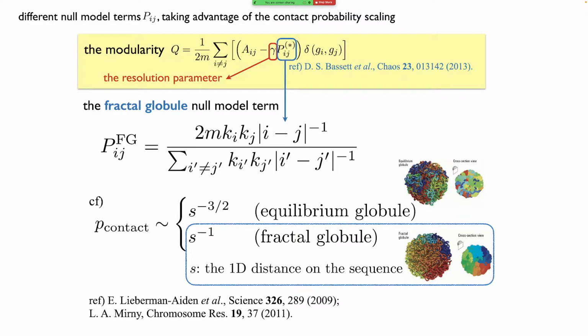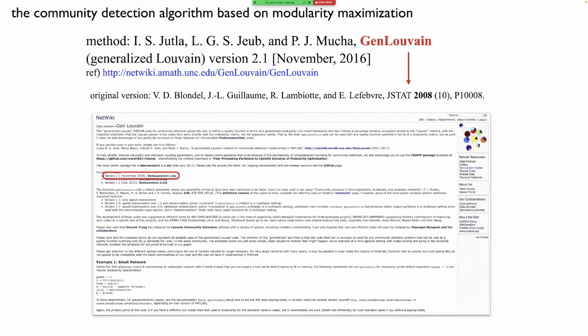So we use this so-called fractal globule null model term, composed of both the overall interaction term, represented by this product of Ki and Kj, and on top of that, the decaying rate of this interaction following the 1D structure itself. So we use this specially tailor-made null model term throughout my work.